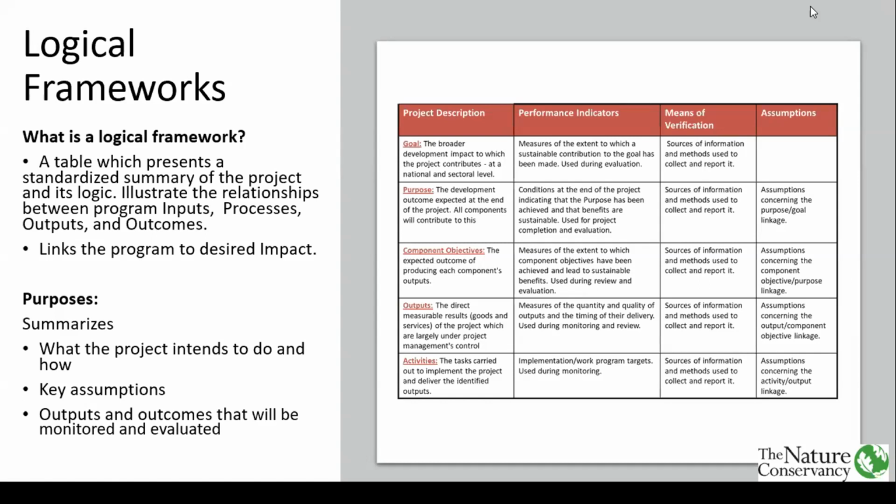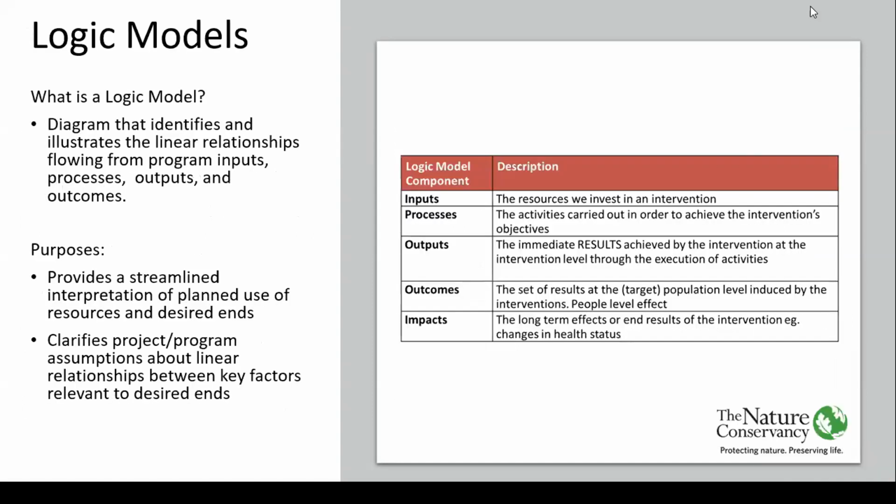This framework also gives us the assumptions that you are making for each of the items. So it summarizes what the project intends to do and how. It gives you a roadmap on how you're going to achieve your objectives. It also gives you key assumptions, and it highlights outputs and outcomes that will be monitored and evaluated.